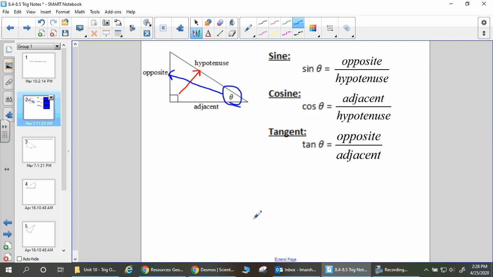So the opposite and adjacent are completely based off the location of the angle inside the triangle that you're going to work with, okay? The idea is you won't have all of the information. You will only have one angle, not both of them, to worry about. So you'll be able to identify which angle you're supposed to use, okay?